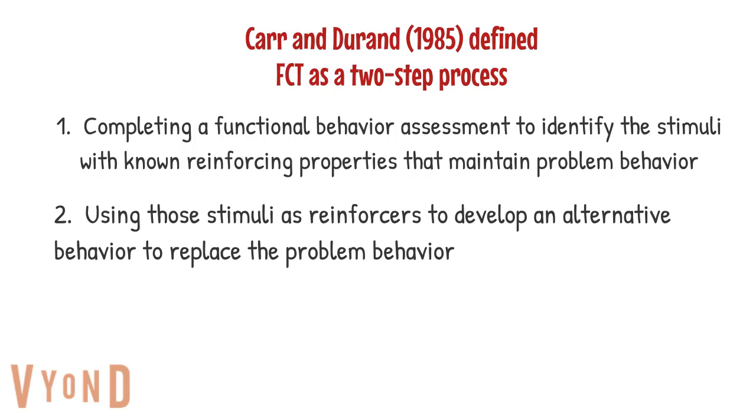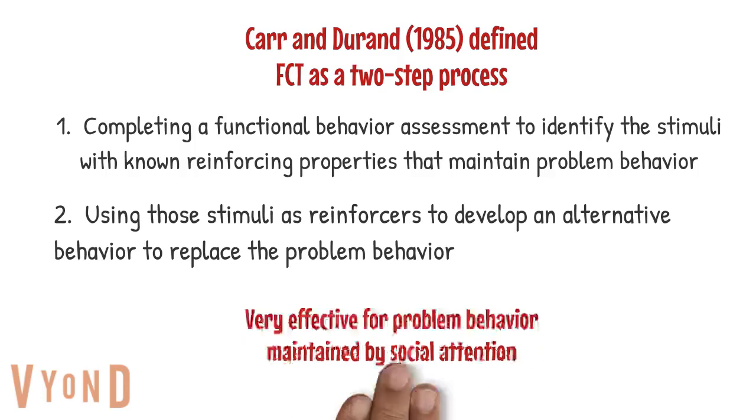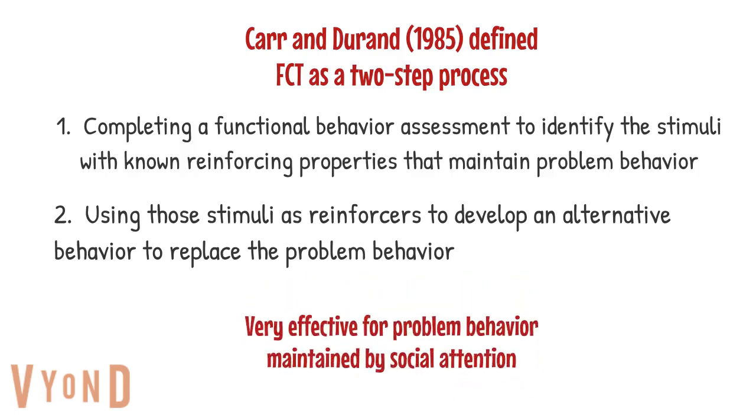So if it was for attention, it would be teaching them how to request attention appropriately. If it was for a break, it would be teaching them how to request a break appropriately. And it's very effective for problem behavior that's maintained by social attention or needing that socially mediated attention.